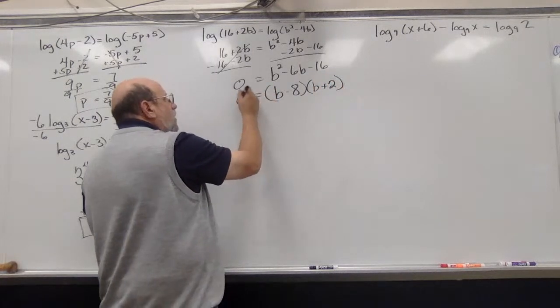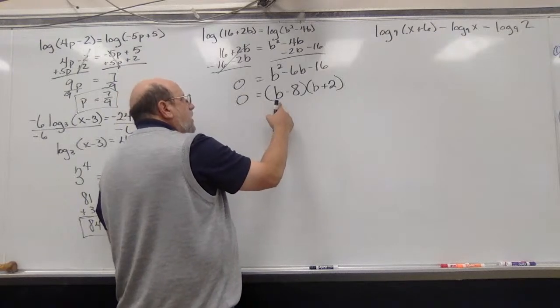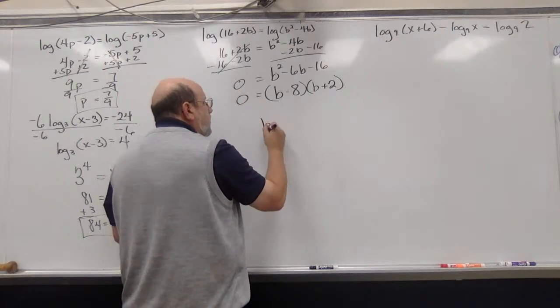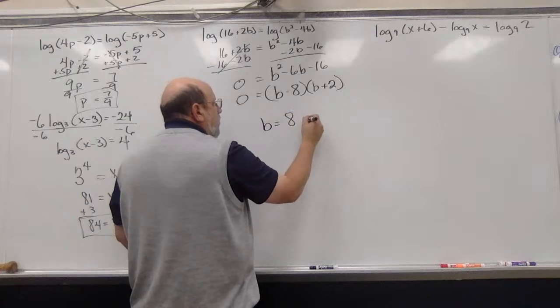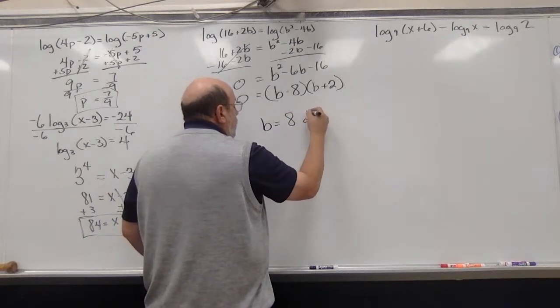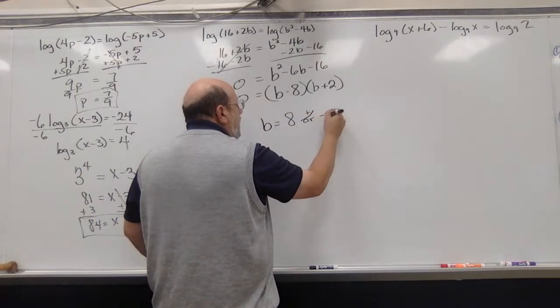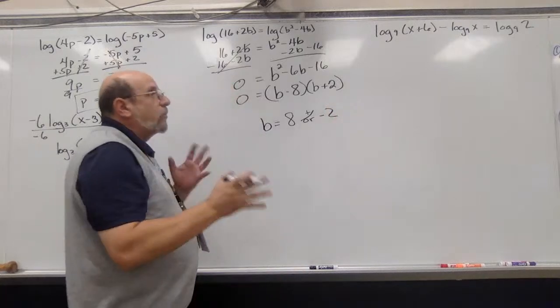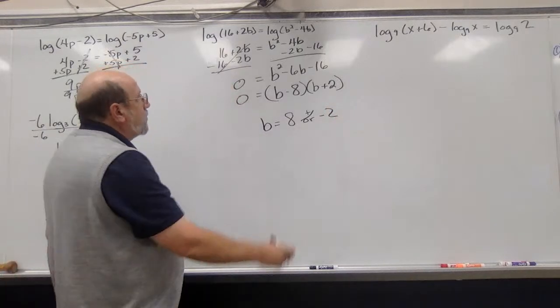Well, what number minus 8 equals 0? B is positive 8 or negative 2. Let's see if these both work. I'm going to put an 8 in.